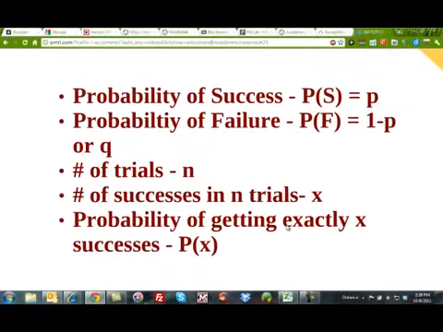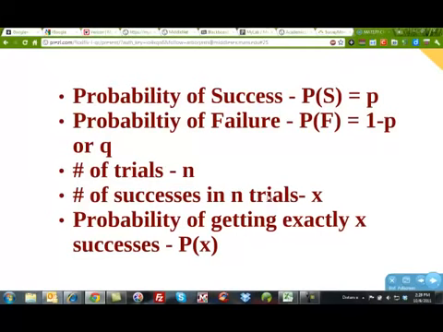So what do we do with these? Well, we have our formulas again. These are important. The probability of success is P. The probability of failure is 1 minus P, or Q. The number of trials is going to be our N. The number of successes is what we're looking for. Those are the X's.